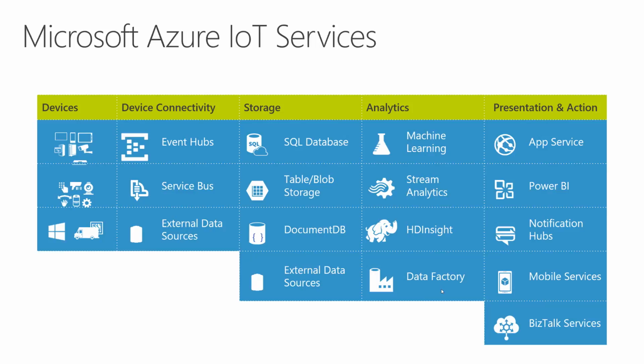In the analytics space, obviously there are different products as well. Do you want to use your own R code and go with machine learning? You can do that. Do you just want to get huge amounts of telemetry ingested within Azure and then run some MapReduce on it and come up with some data out of it?